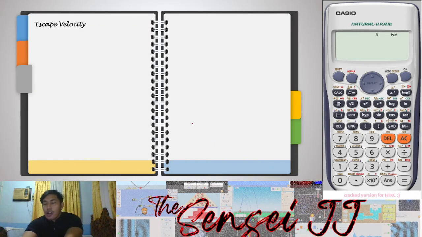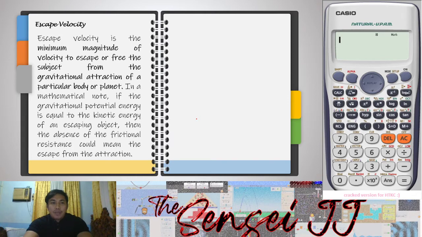Escape velocity is the minimum magnitude of velocity to escape or free the subject from the gravitational attraction of a particular body or planet. In a mathematical note, if the gravitational potential energy is equal to the kinetic energy of an escaping object, then in the absence of frictional resistance could mean the escape from attraction.